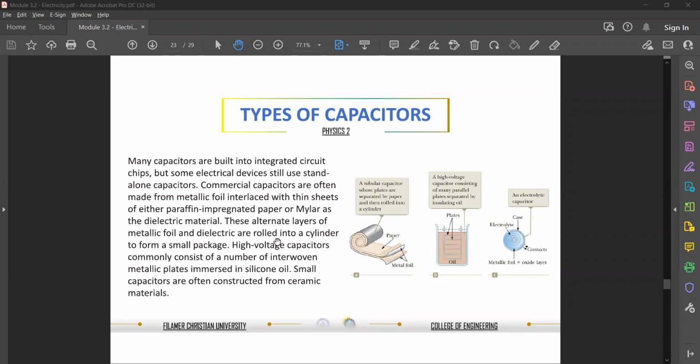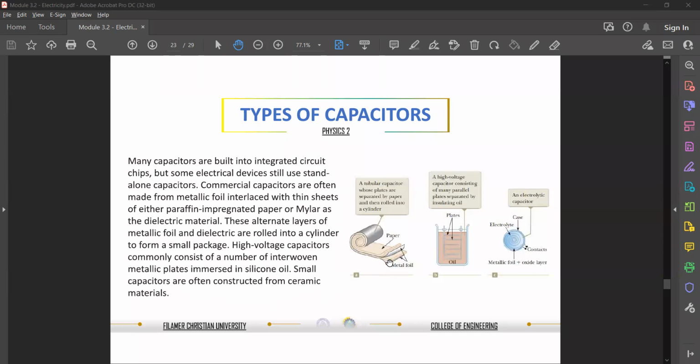These alternate layers of metallic foil and the dielectric are rolled into a cylinder to form a small package. High voltage capacitors commonly consist of a number of interwoven metallic plates immersed in silicon oil. Thus, capacitors are often constructed from ceramic material. Yan. So mostly sa mga ceramic siya.